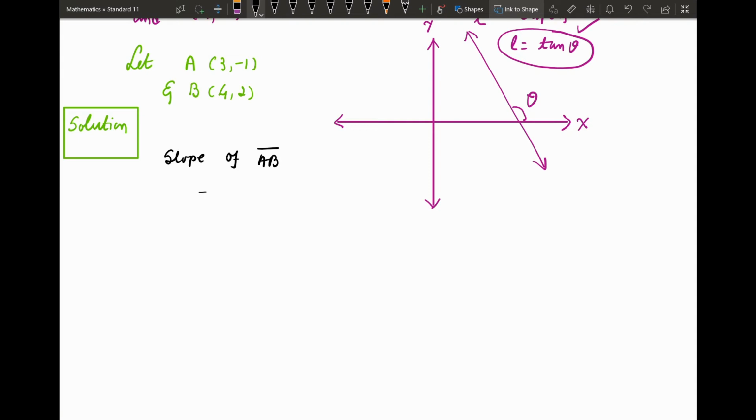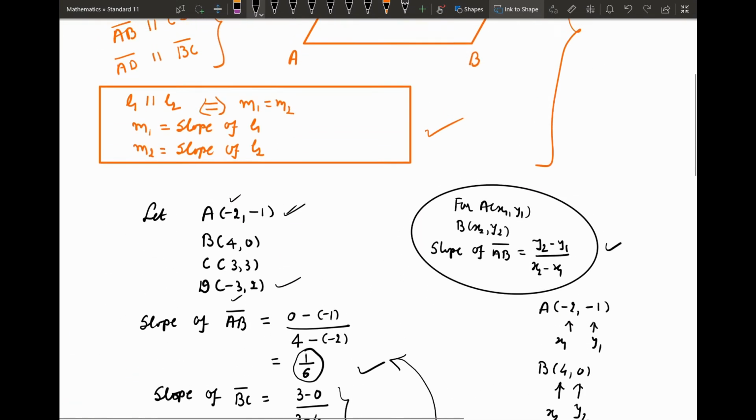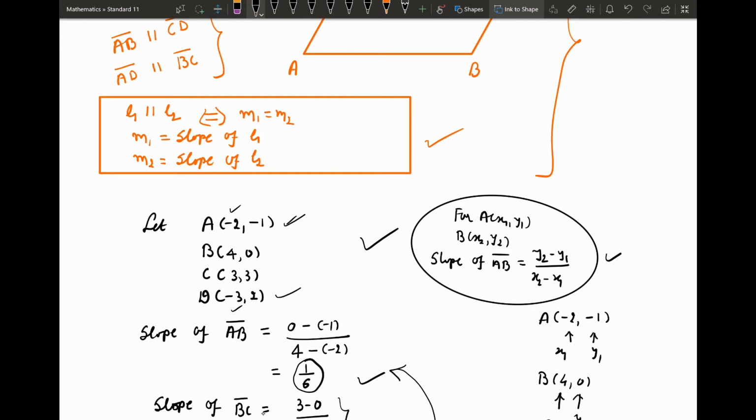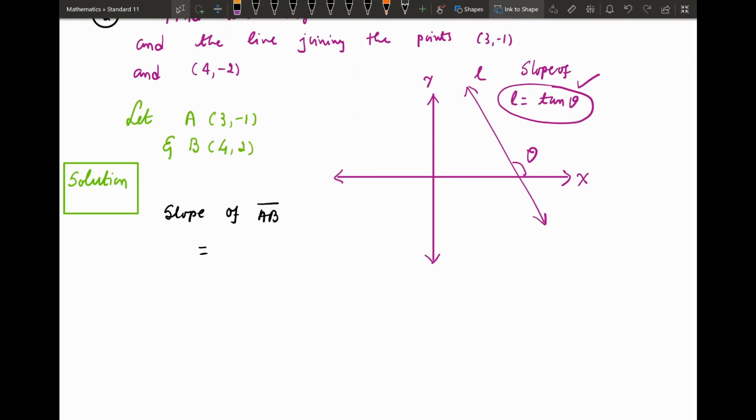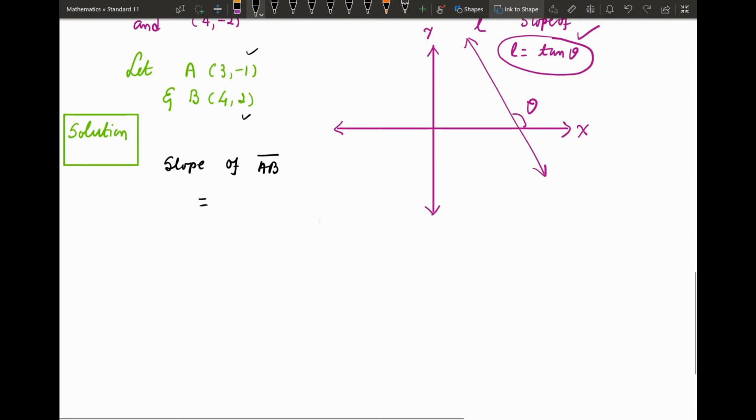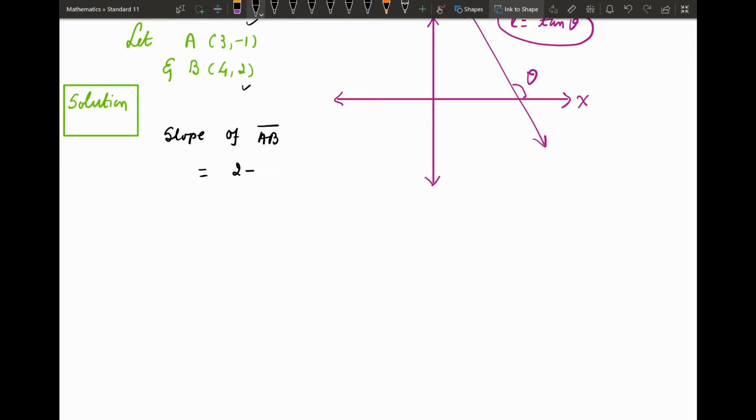Using the definition of slope, y2 minus y1 upon x2 minus x1, the slope of AB is y2 minus y1, so -2 minus (-1), upon x2 minus x1, 4 minus 3.